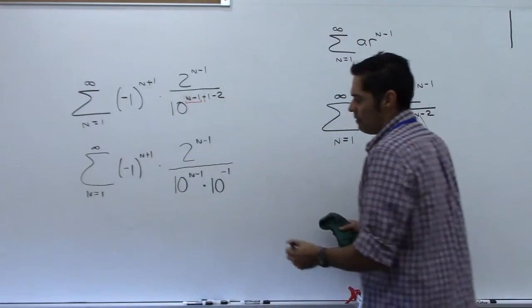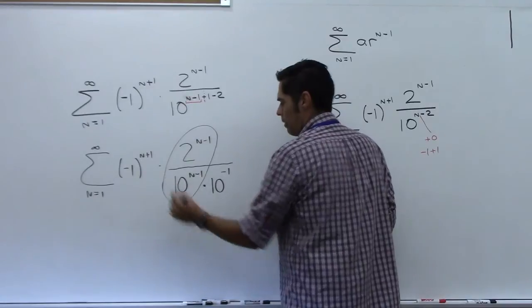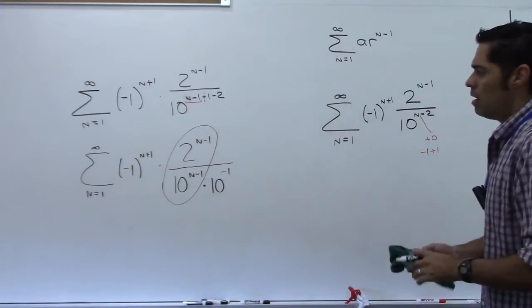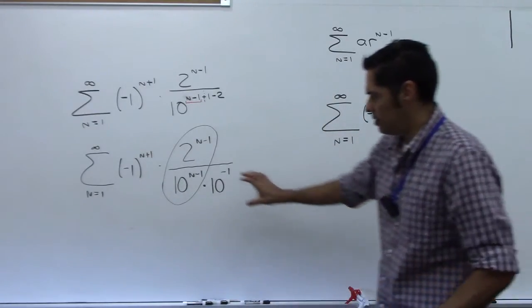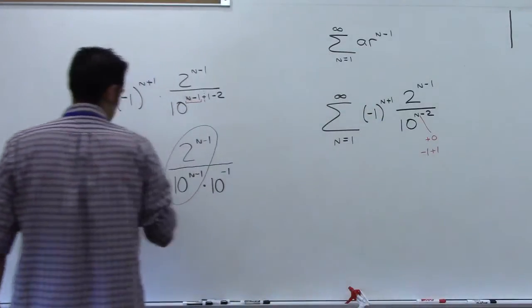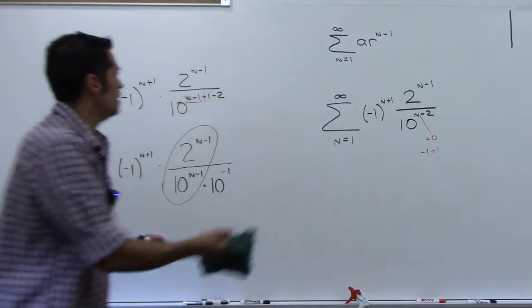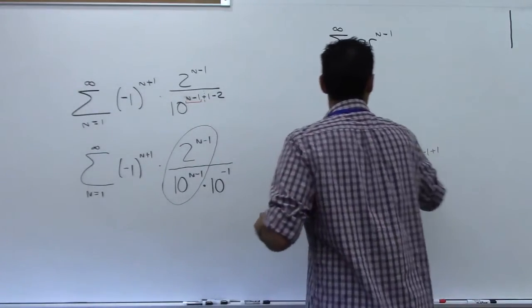But notice now I've got both of these to the n minus 1. So all I need to take care of, because this is just a number, right? There's no n on it, is to figure out how I can rewrite this as n minus 1. And I can do the exact same thing that I just did. So I'll do this.